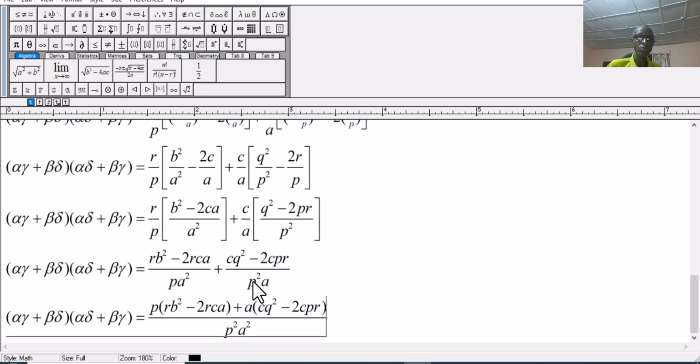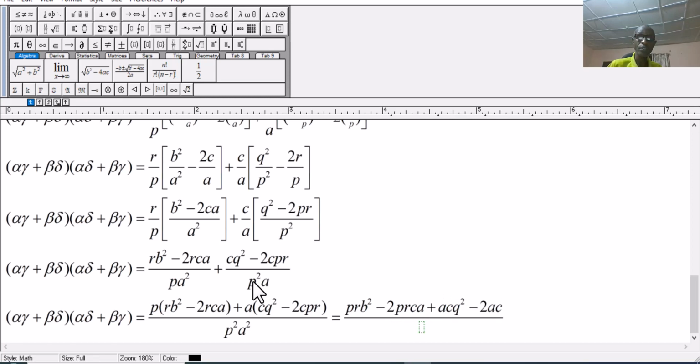So let me see whether we can still, let's expand it further. So we have prb squared minus 2prca plus acq squared minus 2acpr all over p squared a squared.